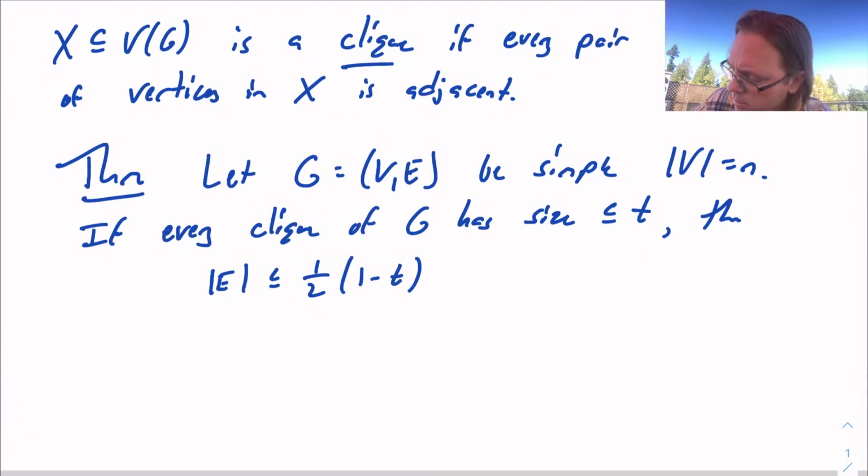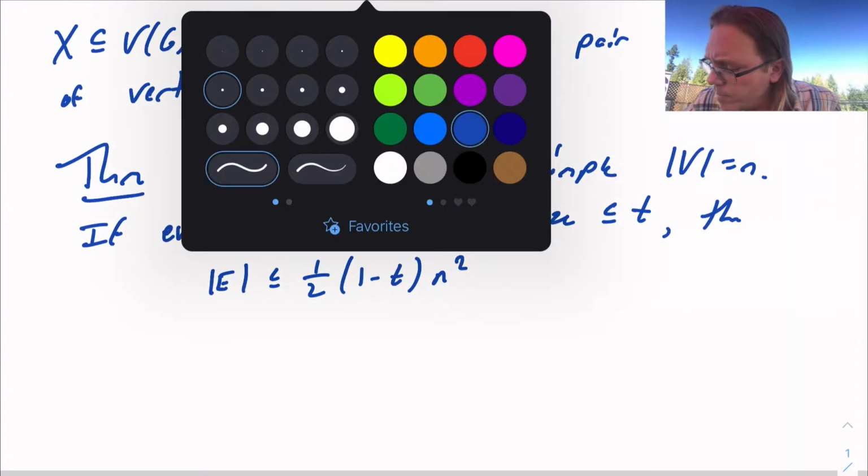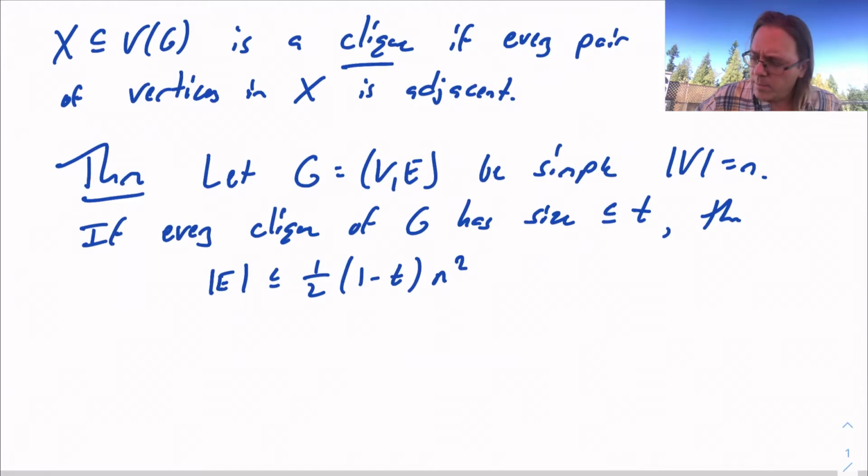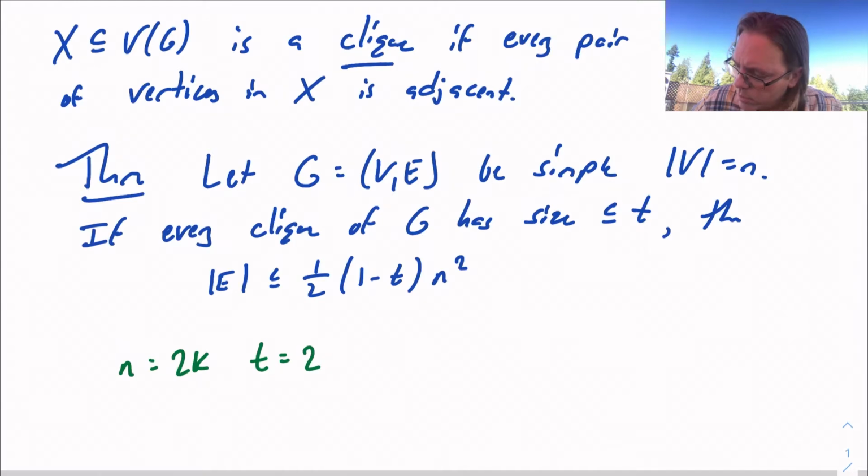Sorry, I was about to write some nonsense there. So let's just do the special case we saw. Let's suppose n is even, so let's say n is equal to 2k, and let's take t equal 2.